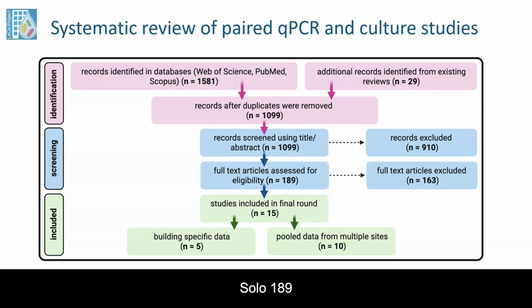Only 189 full-text articles were assessed in detail for eligibility, and in the end, 15 studies were included in the final analysis. Of these, 5 studies provide building-specific data sets, and 10 reported pooled results across multiple sites. The final selection formed the basis for the meta-analysis I will show you next.